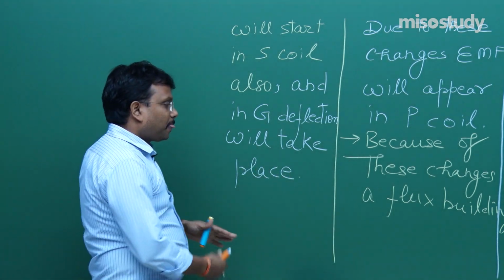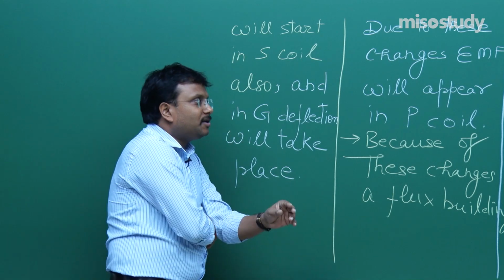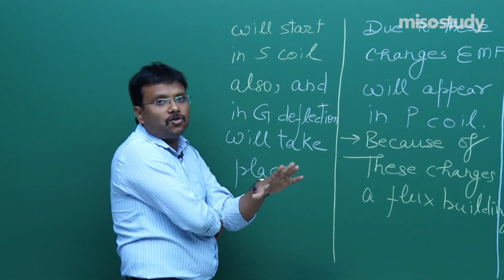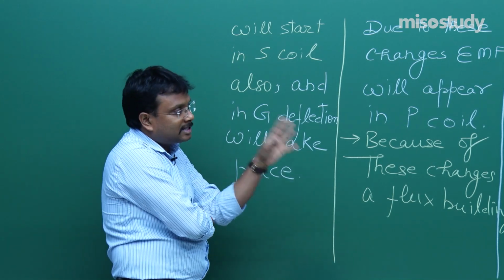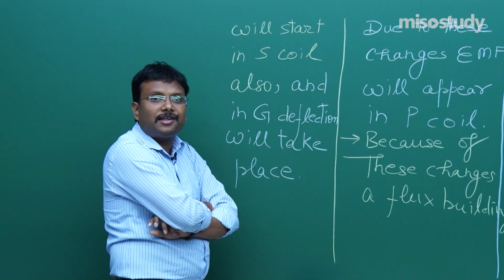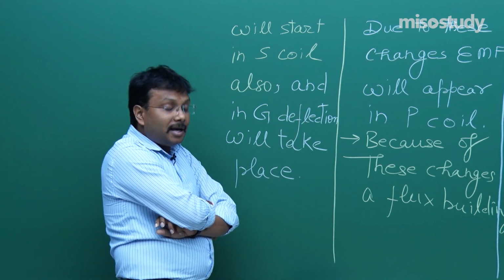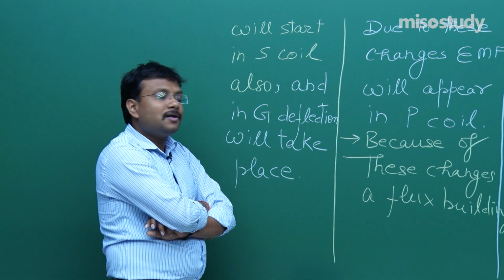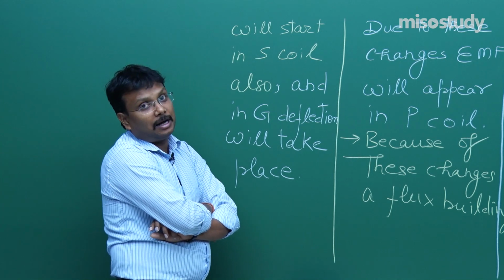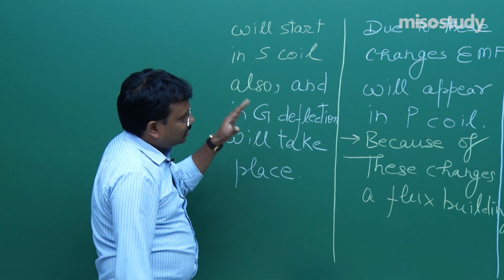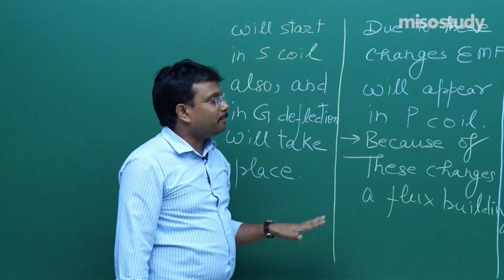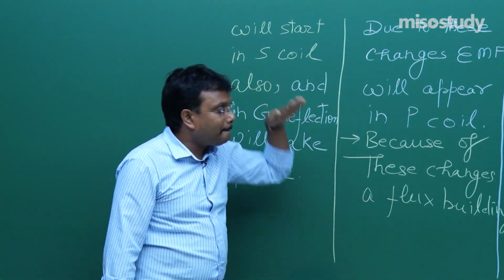So what we can say is, without connecting the secondary coil to any source, with nothing touching from the primary coil to the secondary coil, some deflections will start appearing in the secondary coil. Now, this entire story is taking place when the key is pressed.